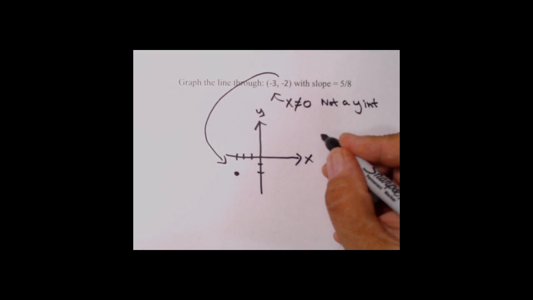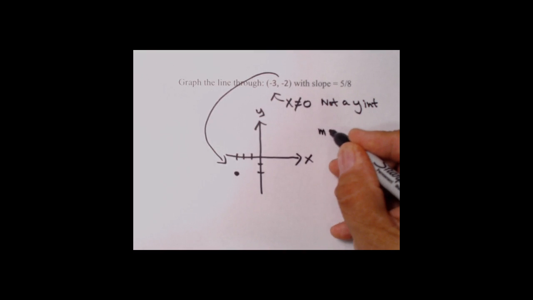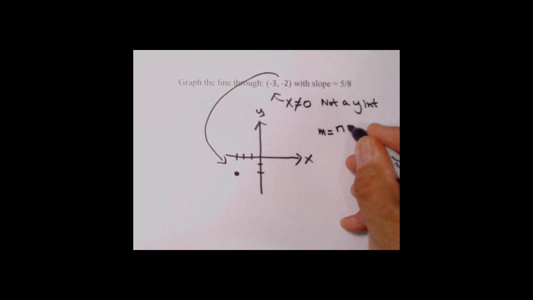Now, the slope is 5/8. That's positive, so we're going to be going up. So here we go. Remember, m equals rise over run. And, of course, the slope in this particular one is 5/8, so m equals 5/8. We also know that it's rise over run. Well, that allows us to identify who's the rise and who's the run.